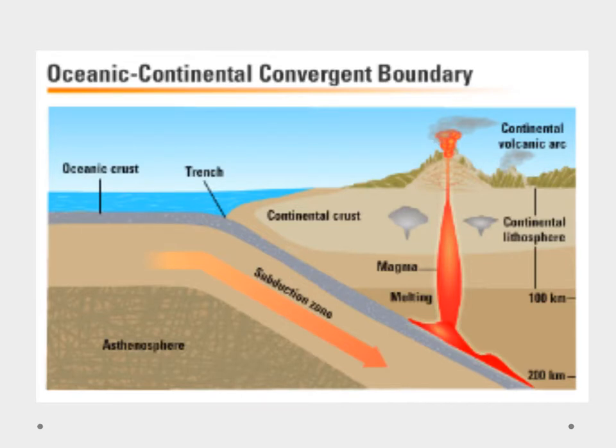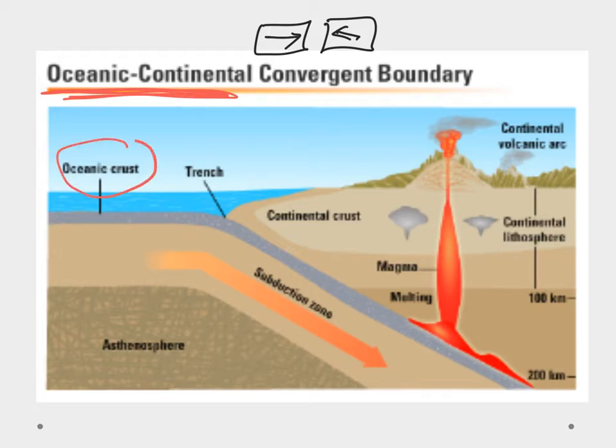Okay, so let's talk about convergent boundaries. Convergent boundaries are where we have two plates moving towards each other, crashing into each other. These are going to be distinguished based upon the type of crustal plates that are interacting. In this case, we have an oceanic crust, which you can see here, and then we have our continental crust over here.